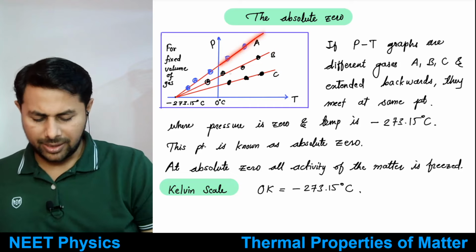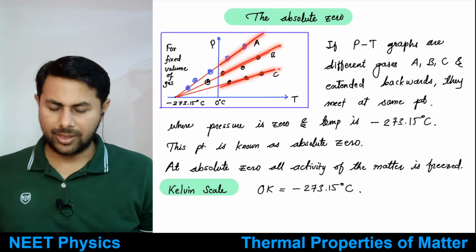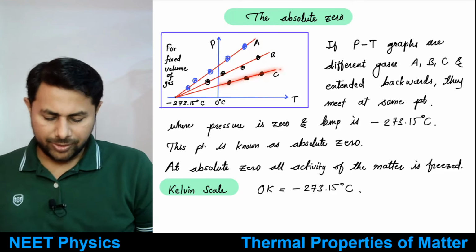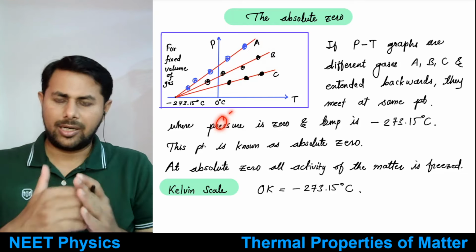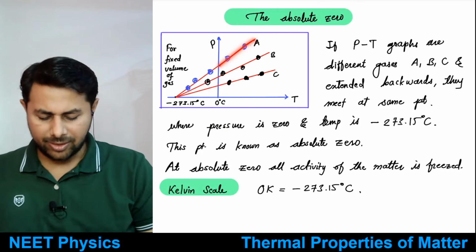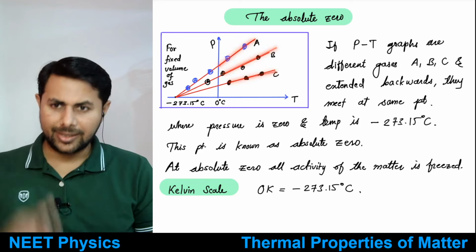You will get a linear curve. Suppose you start from 0 degrees Celsius and from there you increase the pressure. So you get these kinds of curves for gas A, gas B, gas C.